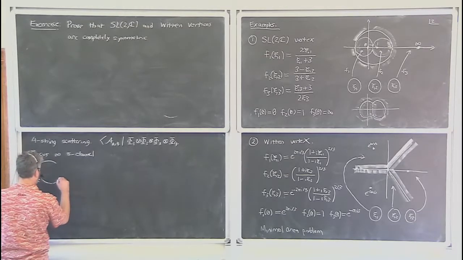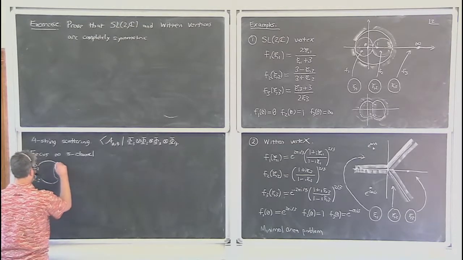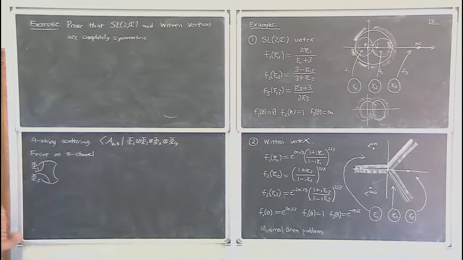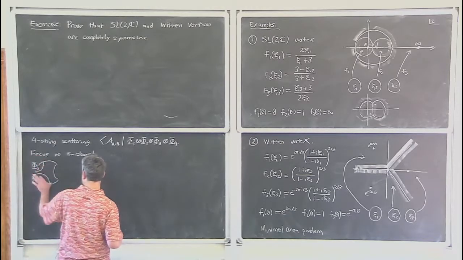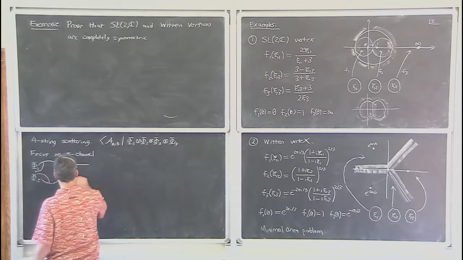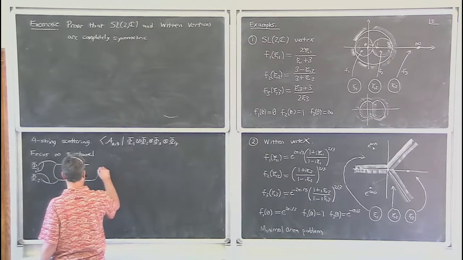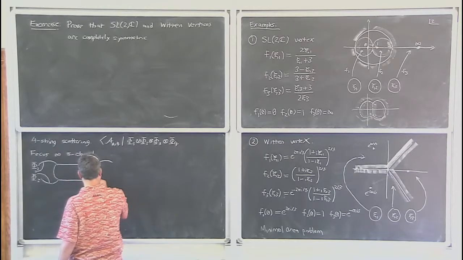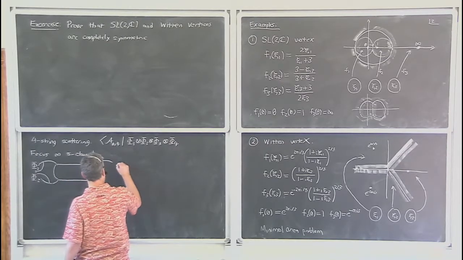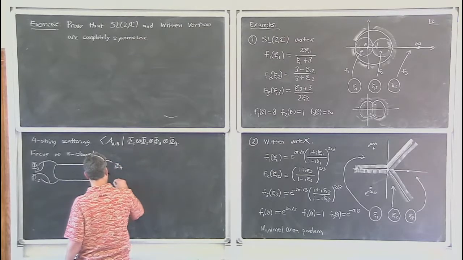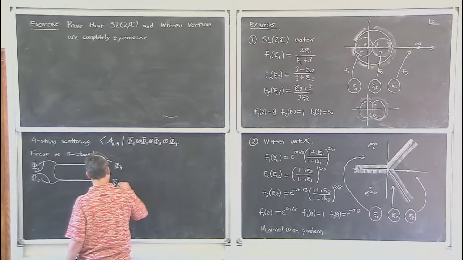Here I'm just drawing a picture of a sphere viewed from on top, and these are the coordinate patches. And then we connect with a propagator tube to another sphere, which is a cubic vertex coupling phi 4 and phi 3.